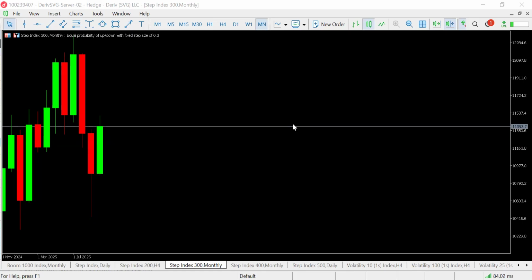It's the beginning of another trading week and today we're going to be looking at two of the newly added Deriv synthetic indices, and those are the Step Index 300 and Step Index 400. I know a lot of my followers are into the trading of Deriv synthetic indices and you might not know how to go about trading these particular indices.